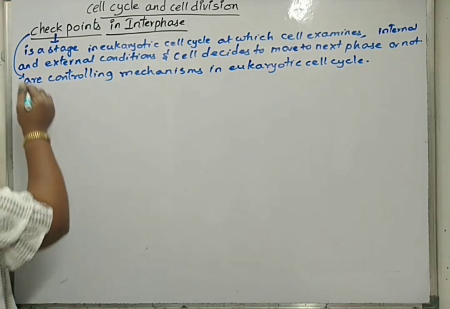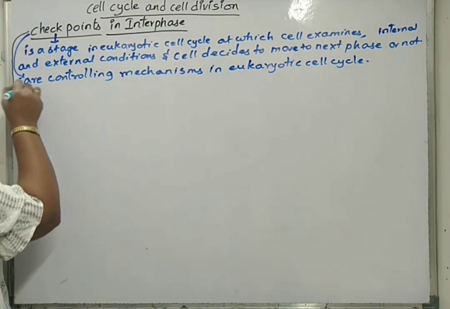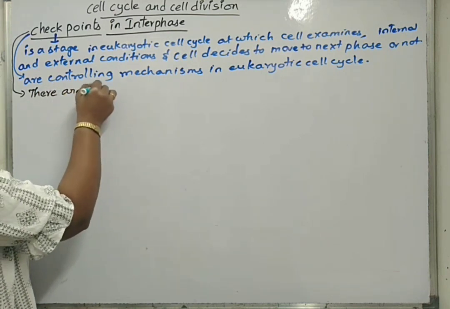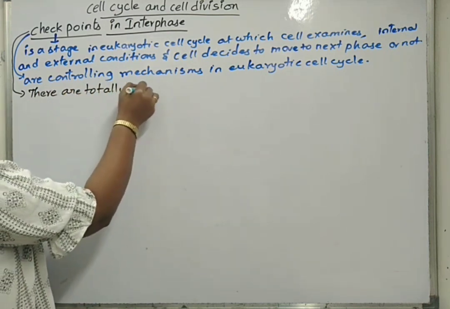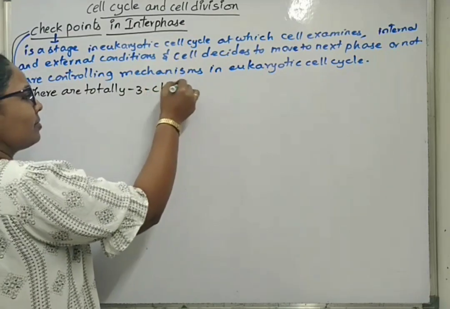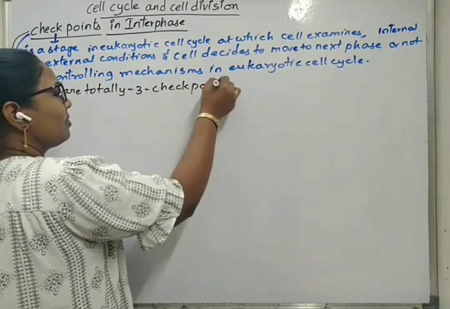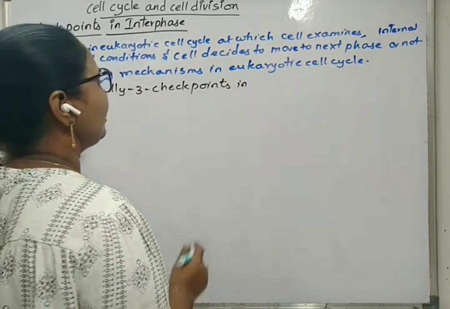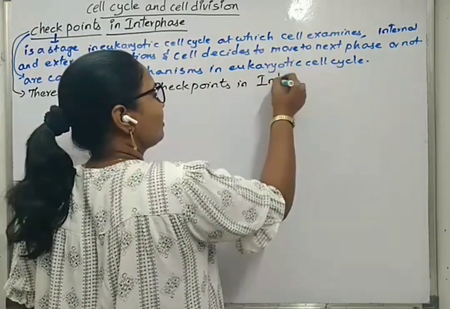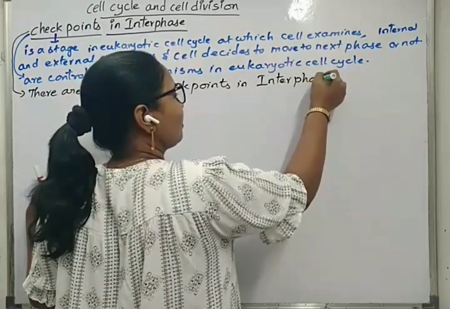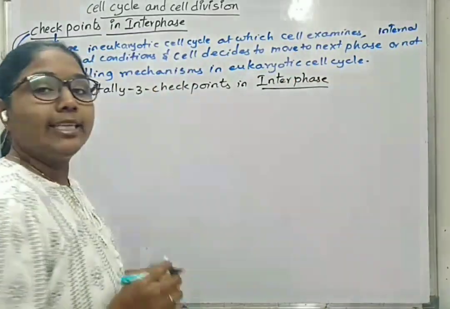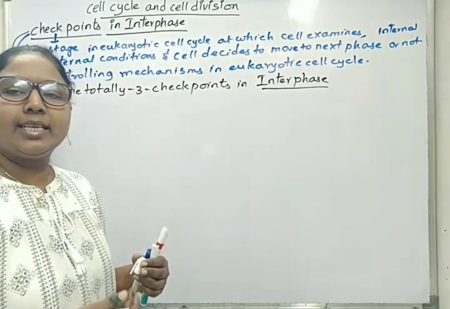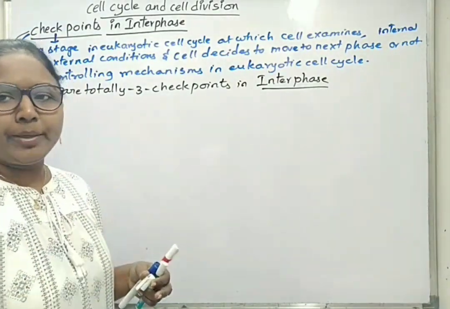Now, how many checkpoints are there? There are a total of 3 checkpoints. In which stage? In interphase. We know that interphase is the time period when the cell is preparing itself for either mitotic division or meiotic division.